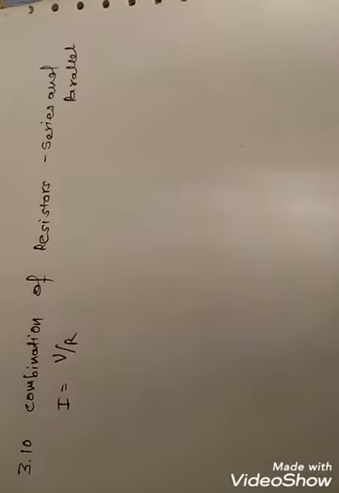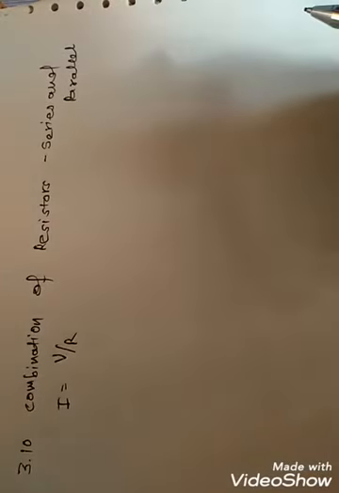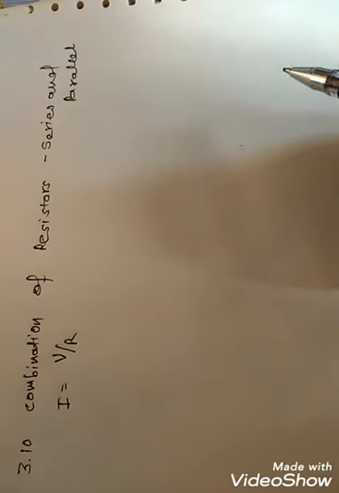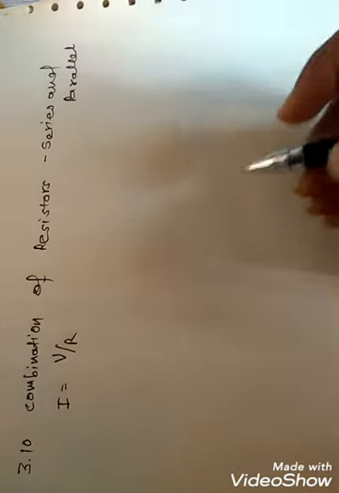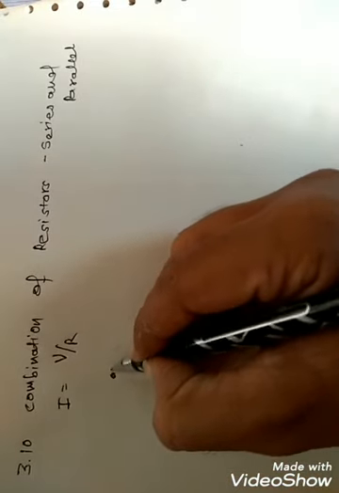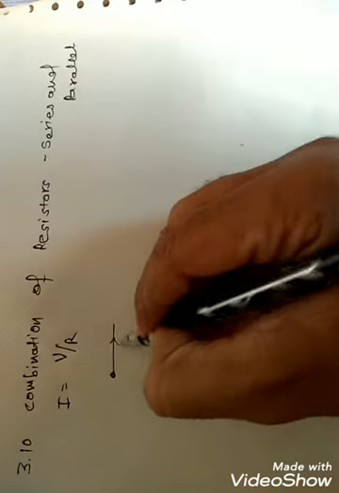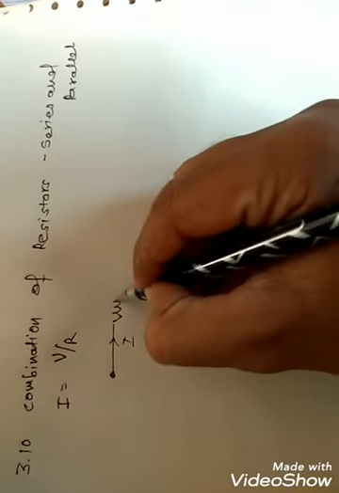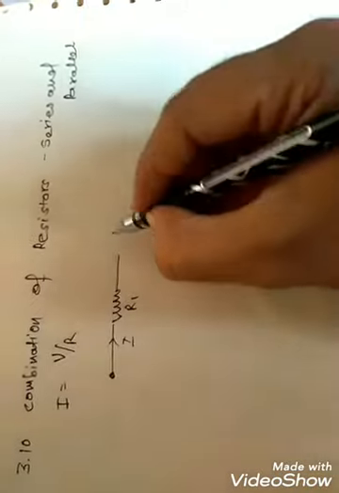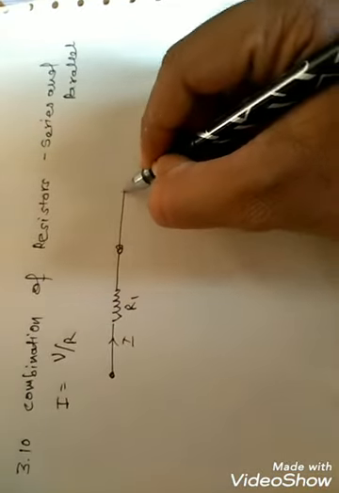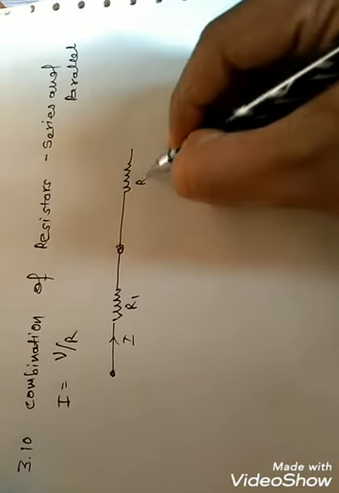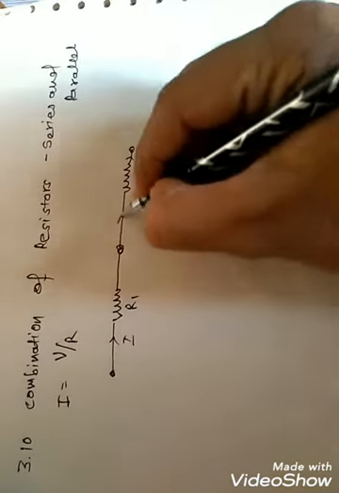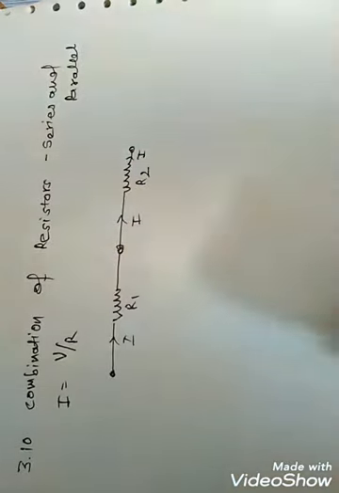Simple rules for calculation of the equivalent resistance of a combination, first for series. Two resistors are said to be in series if only one of their ends is joined. Only one end is joined, meaning resistor R1 is connected with R2.